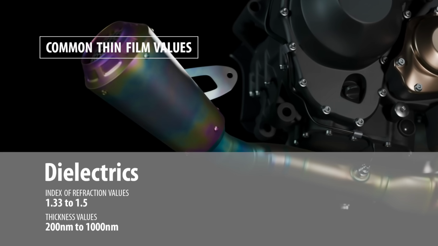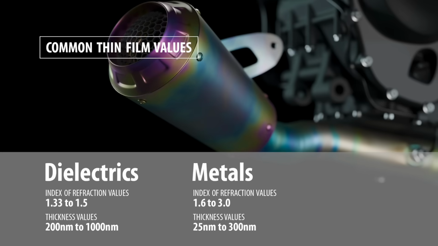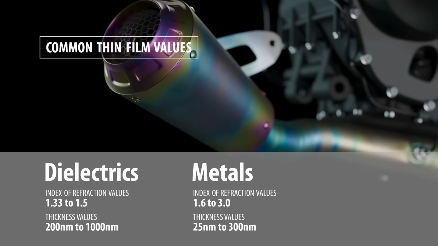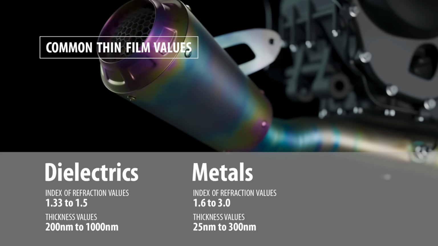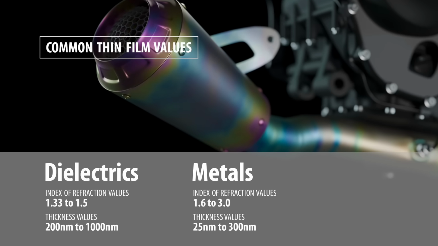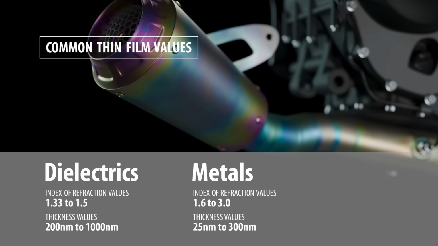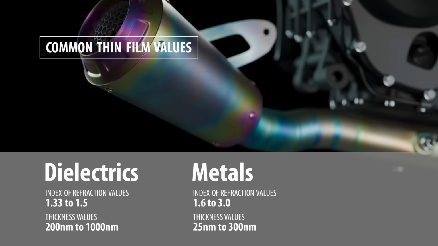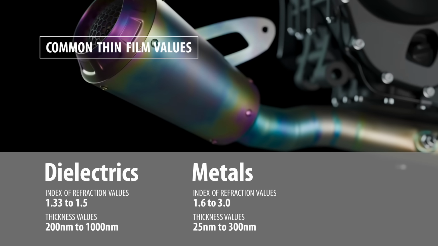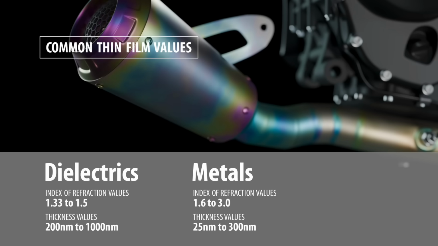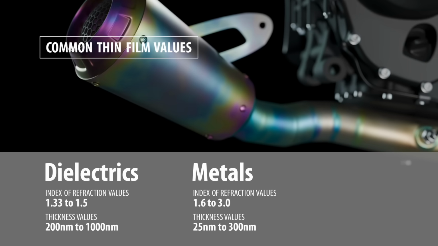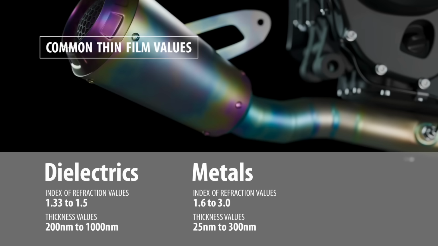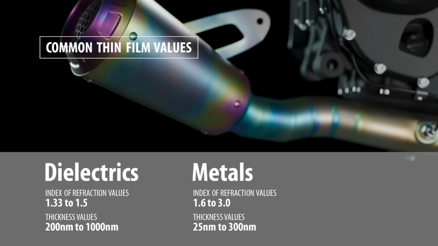For instance, the transparent metallic oxide is generally thinner, typically ranging from 25 nanometers to around 300 nanometers. The index of refraction for these metal oxides is much higher, usually falling between 1.6 and 3.0. Using an average IOR value of 2.5 works really well for generally simulating this metallic thin film effect in a shader, or for things like anodized metals, specifically anodized titanium.